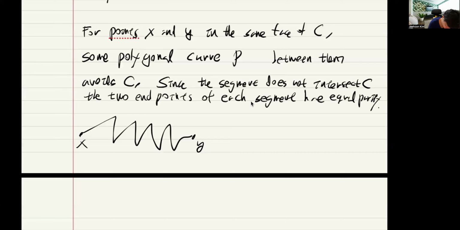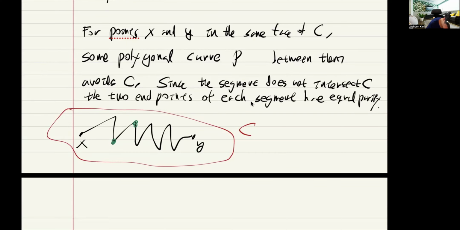You have this is C, then for the two points here, you can take a ray emanating from here to here. And that ray has the same parity, and then that gives the parity of these two, as long as that ray does not intersect with C at the endpoints of some segment.